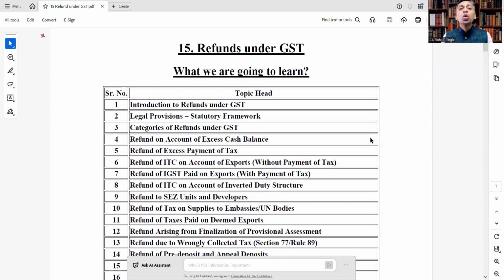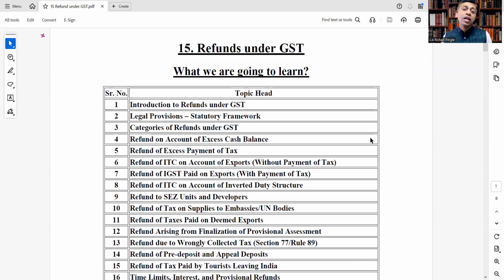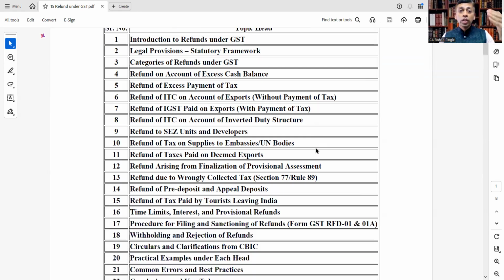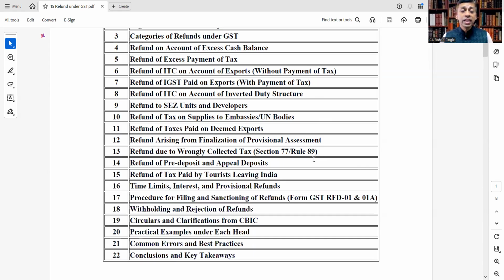So today's topic under the video series GST Relearn is refunds under GST. Let's see what we are going to learn. First, we will understand refunds under GST, then legal provisions and categories of refunds under GST. There are various categories; one by one, we will see them.